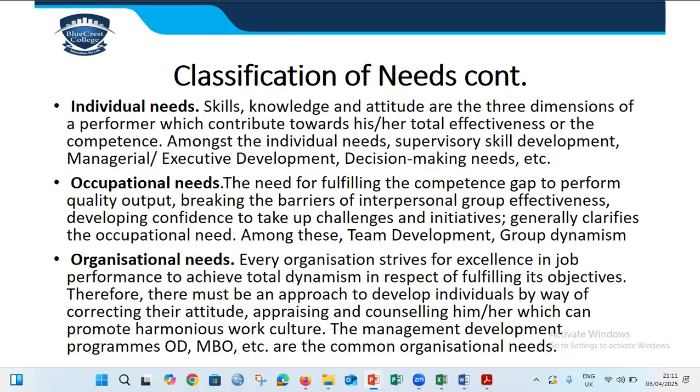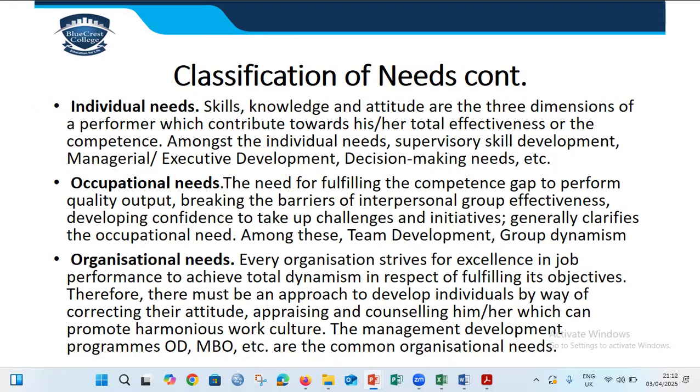What you do here is develop teams or groups of people, and you ensure that when people are working together, they are as effective as if they are working individually. So you have individual needs, then occupational needs, where you have the group needs, and then you have organizational needs, where it's important that the organization provides goods or services with excellence.